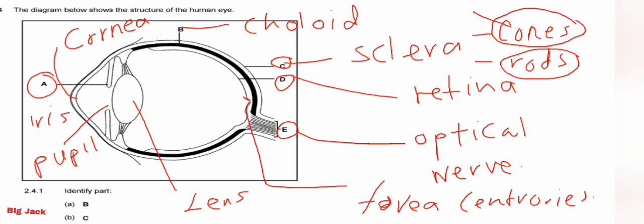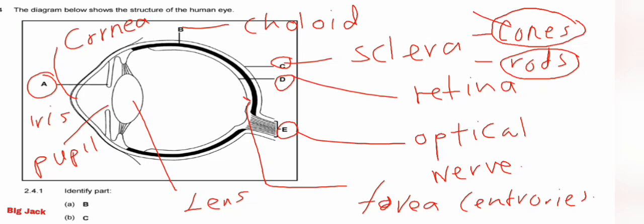To answer this question, this space here is called the pupil. When there is very bright light, the iris muscles are going to act. Specifically, the circular muscles are going to contract, then the radial muscles are going to relax.